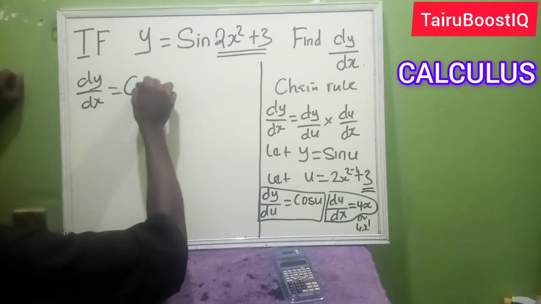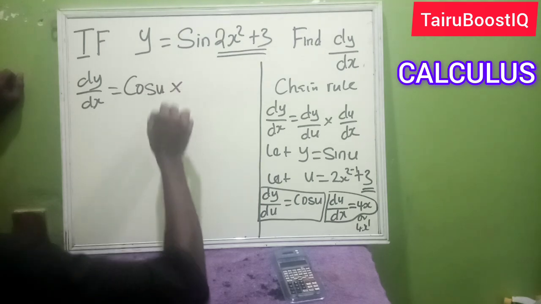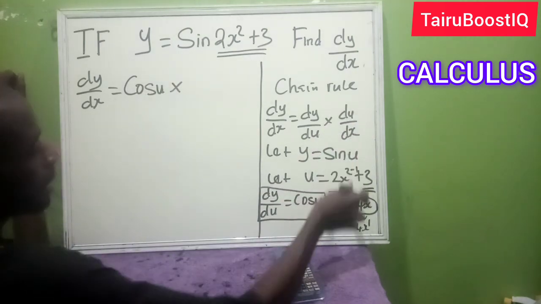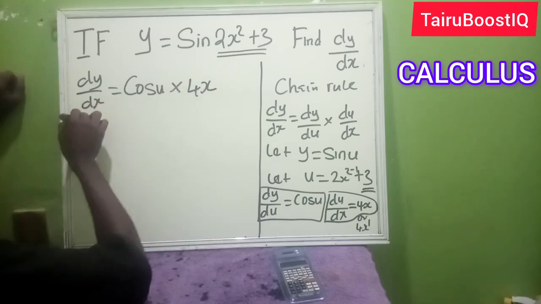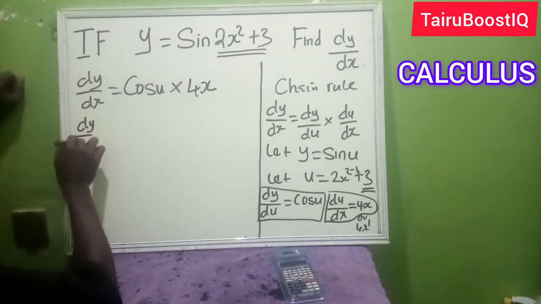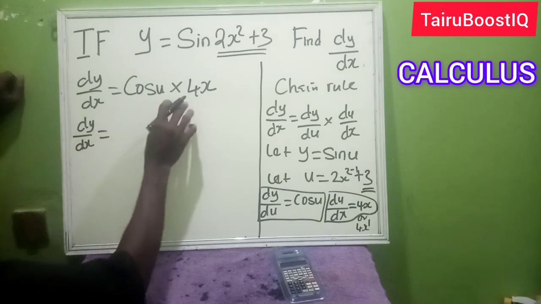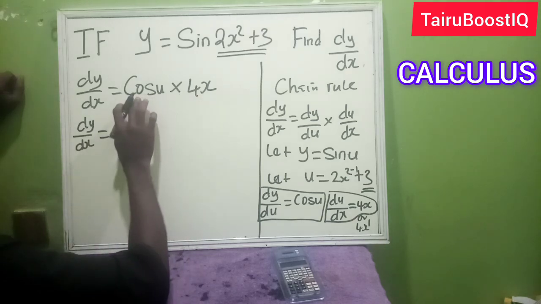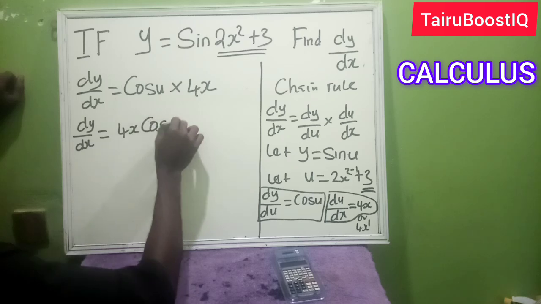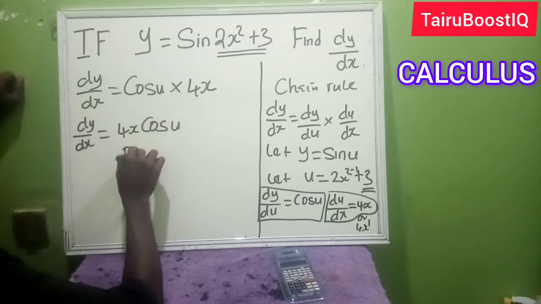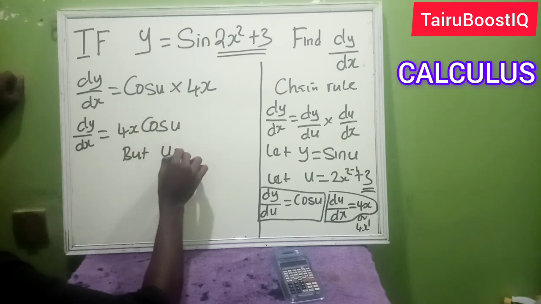We write cos u times, and what is our du/dx? Our du/dx is 4x. Then dy over dx is equal to 4x times cos u, which gives us 4x cos u.